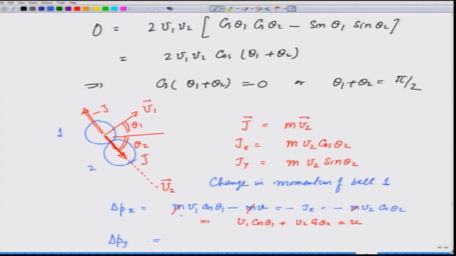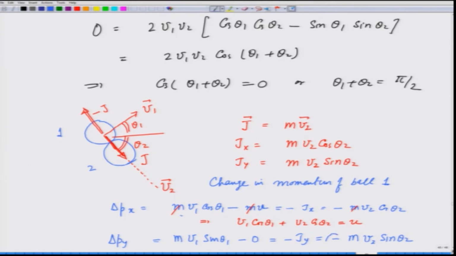is equal to m V1 sine of theta 1 minus initial momentum, which was 0, and this should be minus Jy, which is equal to minus m V2 sin theta 2, which gives you V1 sin theta 1 plus V2 sin theta 2 is equal to 0.